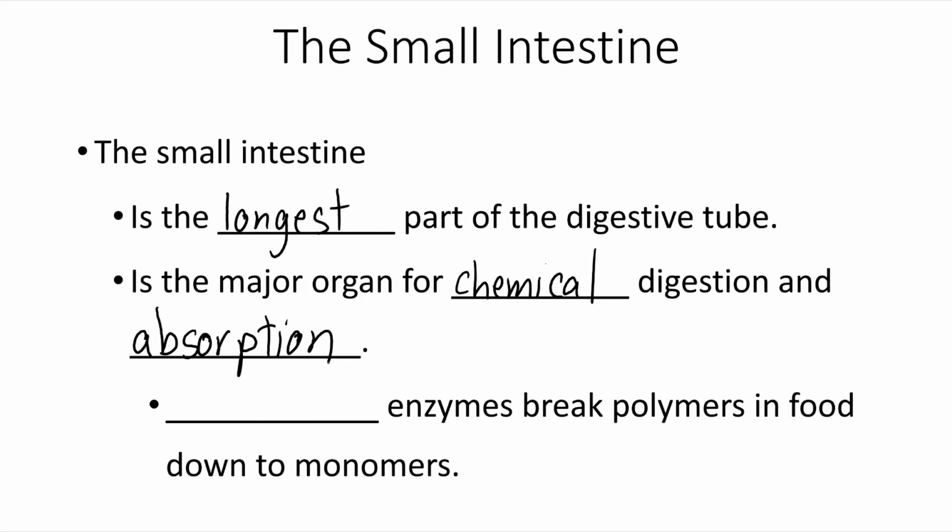It is here in the small intestine that digestive enzymes break polymers from your food down into monomers.